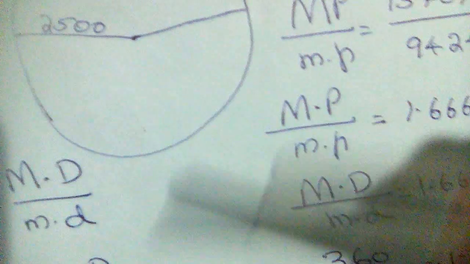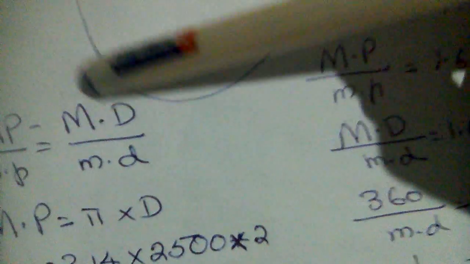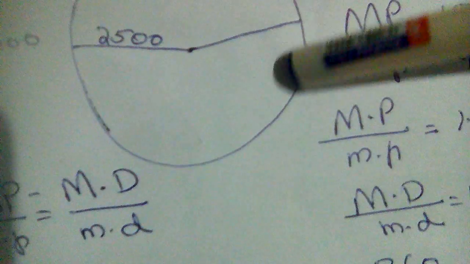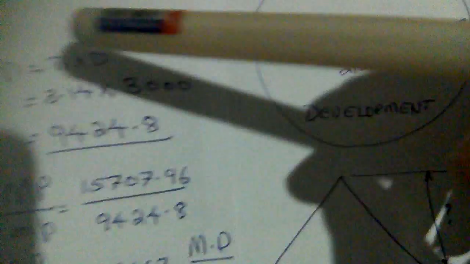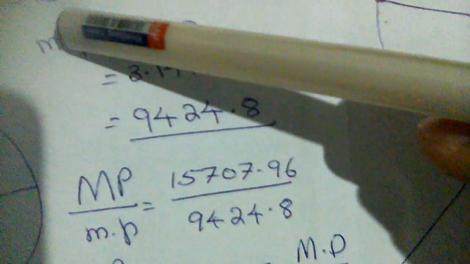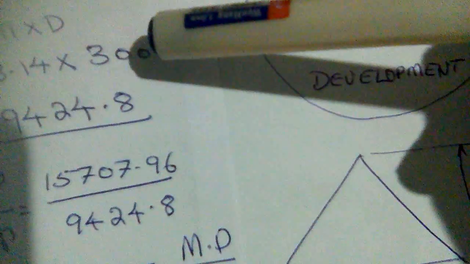For finding the minor perimeter, we use the formula pi d. Pi is 3.14, and for making this perimeter we have to use the diameter 3000. So for the minor perimeter we used pi, and instead of d we used 3000.